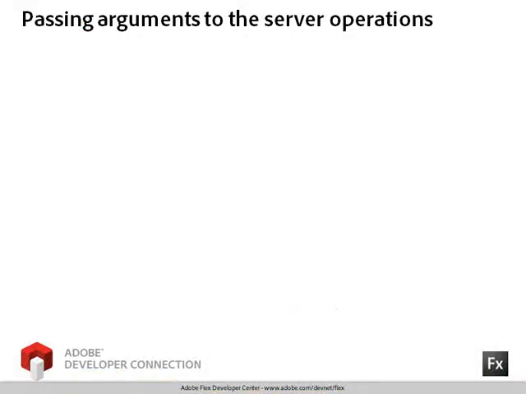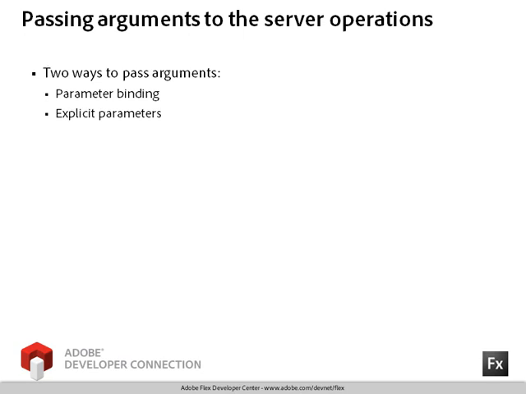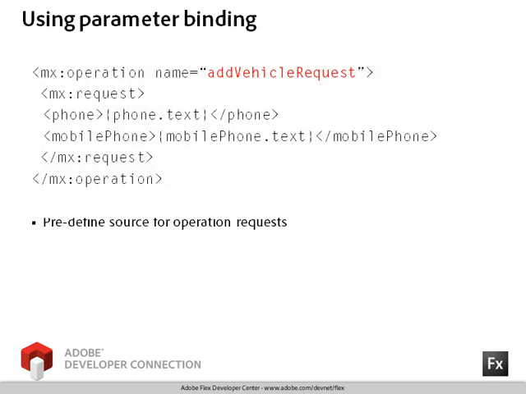The two ways to pass arguments to the server operations through web services are parameter binding and explicit parameters. Parameter binding allows developers to predefine the source data for arguments that will be passed to server-side operations.